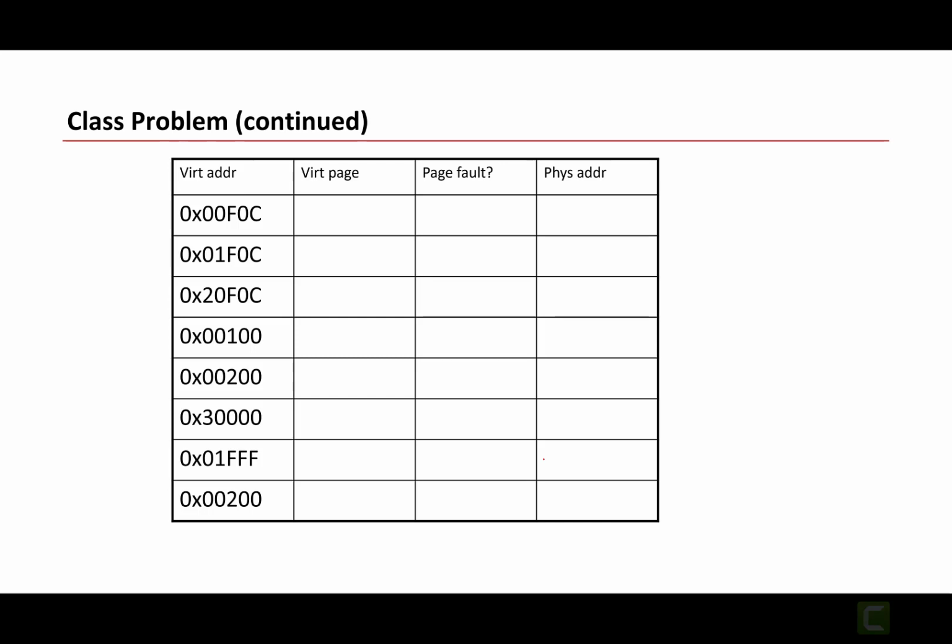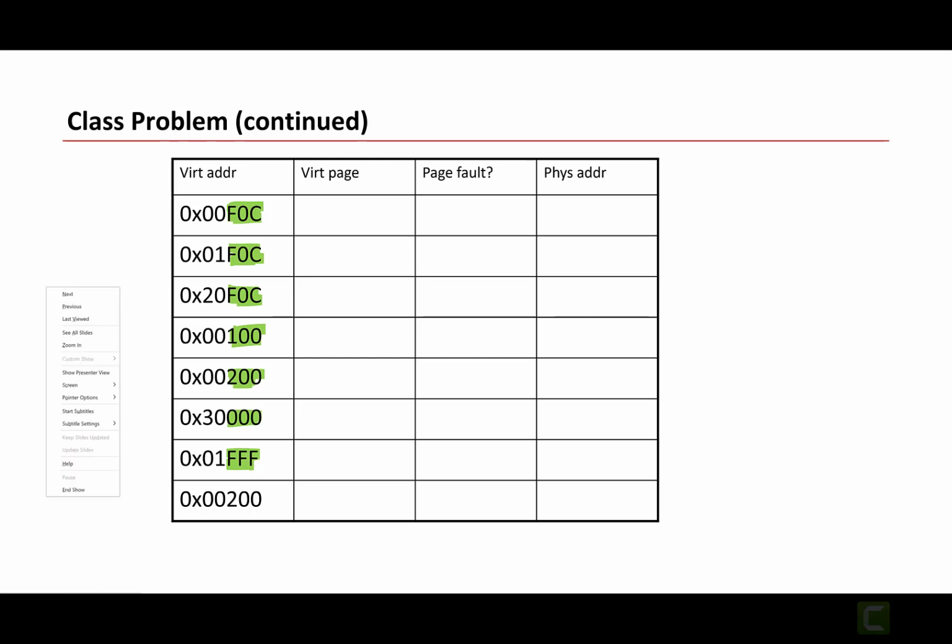We just figured out that the page offset is of size 12 bits. This being a hexadecimal representation, 12 bits are represented using 3 hexadecimal digits. So this part of all the virtual addresses would be the page offset. And the page offset is not important for address translation. The page table converts the virtual page number into the physical page number.